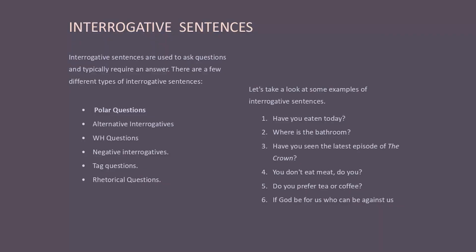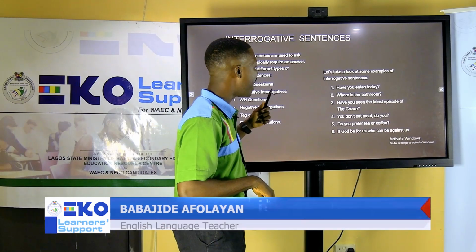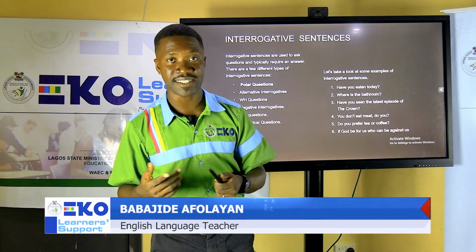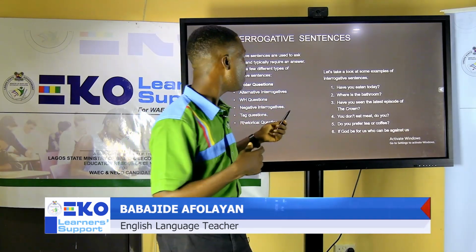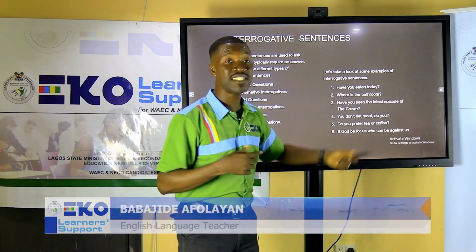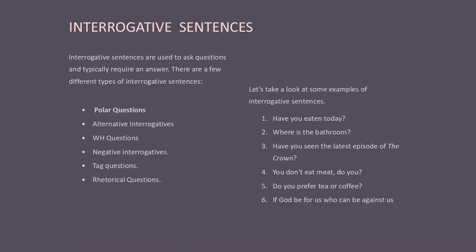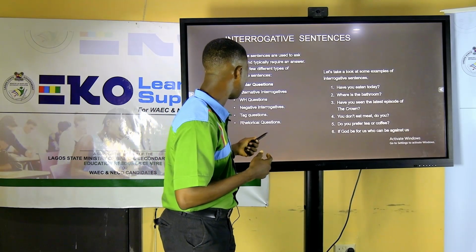They are questions that you ask by using your auxiliaries. For example, have you eaten today? Have you seen the latest episode of The Crown? Some of these are the alternative interrogatives.